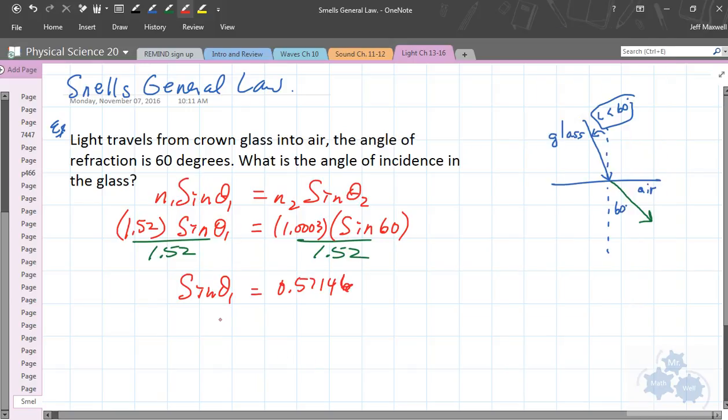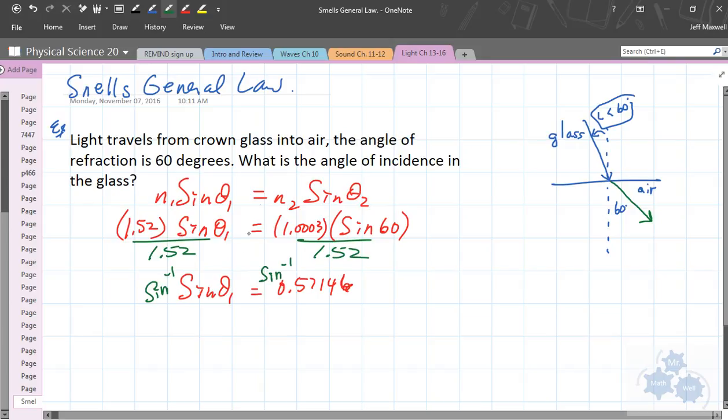Okay, so how do we find theta? How do I get rid of the sine here? Yeah, you can't divide by sine, okay? This doesn't make any sense. Sine is no good on its own. Instead, what you have to do is sine to the -1, really. So that's inverse sine on your calculator there.